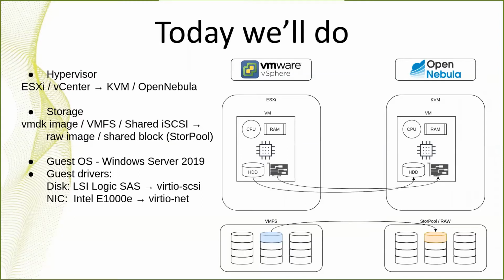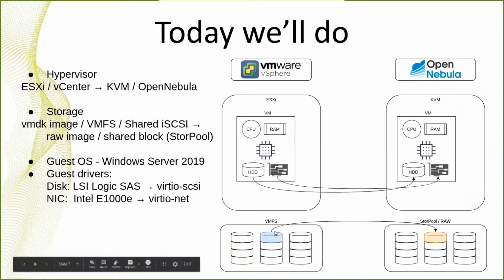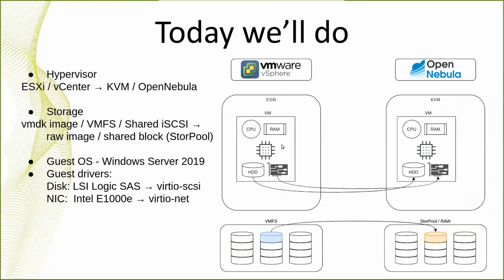For the demo today, we will have one VMware ESXi hypervisor that is connected to shared block storage over iSCSI, and on this block storage are stored the disk images of the virtual machine. We will use one Windows Server 2019 virtual machine for the demo, and we will migrate this virtual machine to a KVM hypervisor.